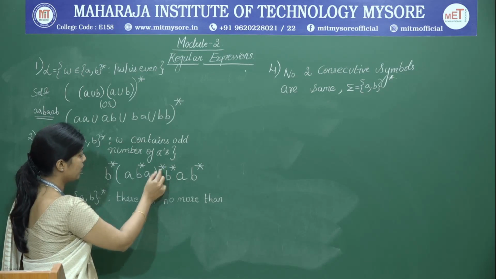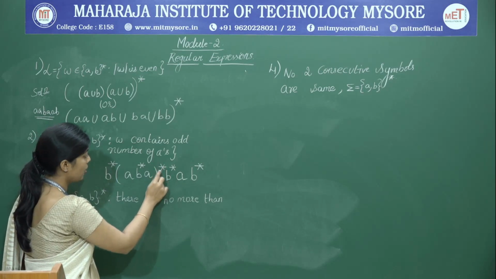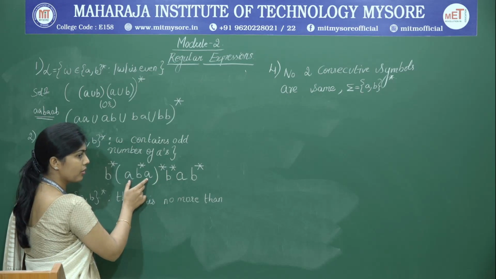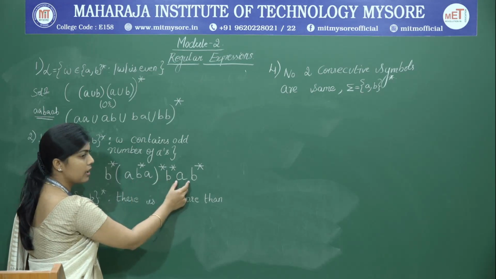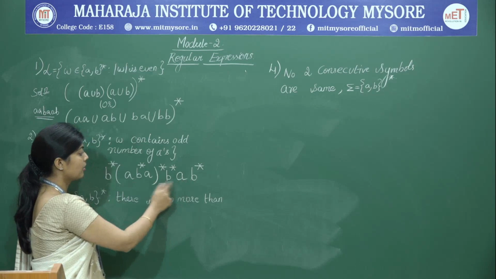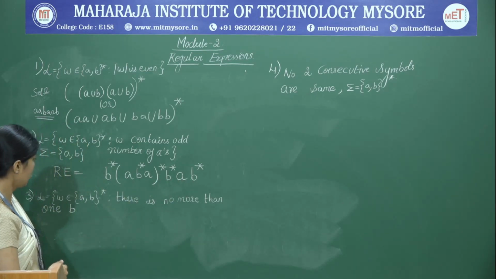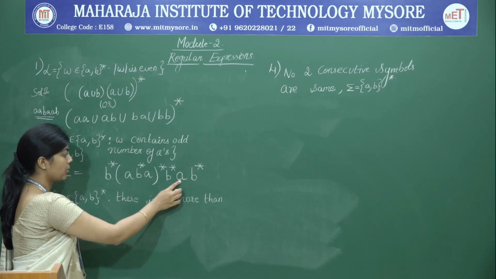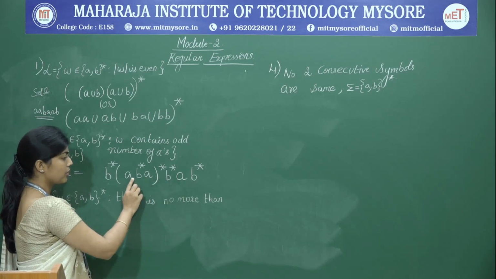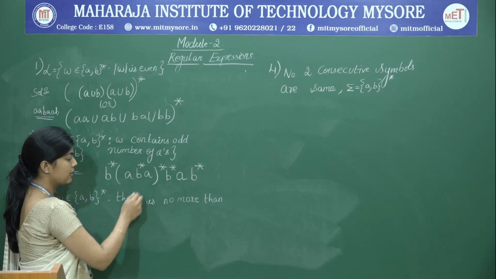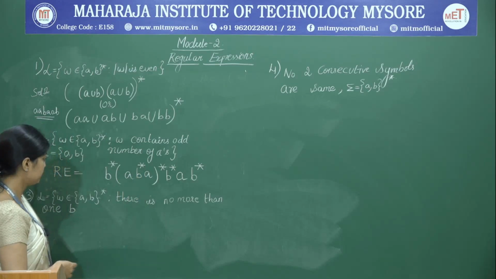That means this could also be 0 occurrences of these 2 A's. In that case you will just be left with a single A. So, that is also possible with the same expression. 1 A is possible, 3 A's are possible, then 5 A's are possible, and so on.